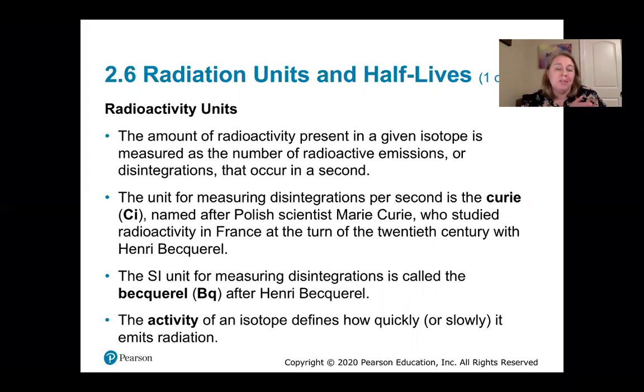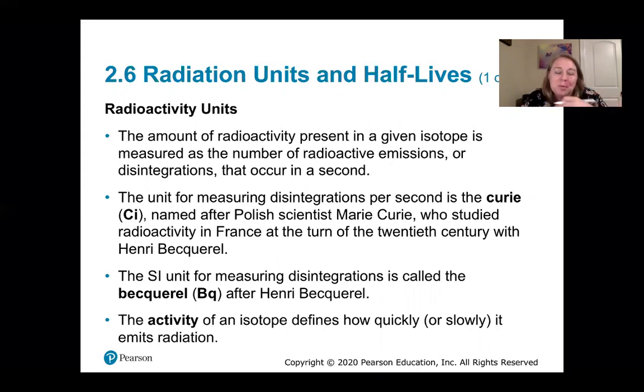The measuring unit that we use for that is the Curie, named after Marie Curie, who studied radioactivity with Henri Becquerel. There's another unit for measuring disintegrations named after Becquerel, and that's the Bq. Either one is measuring the same thing, but they're different units.